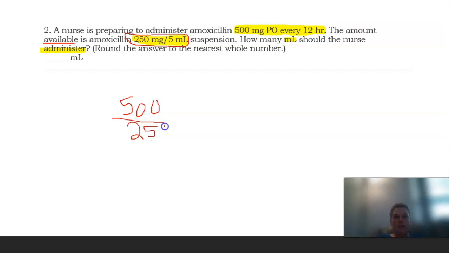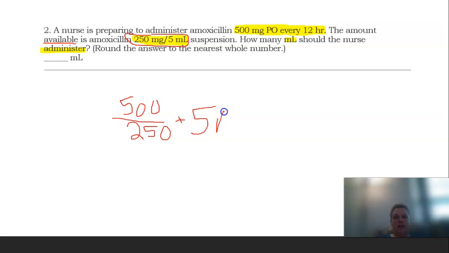And 250 is in how much? 5 mils. So I want to go ahead and put my 5 over there. So when I put this in my calculator, I put 500 divided by 250 times 5.